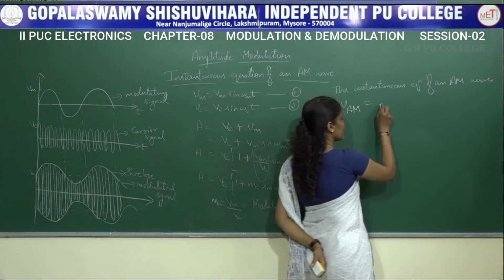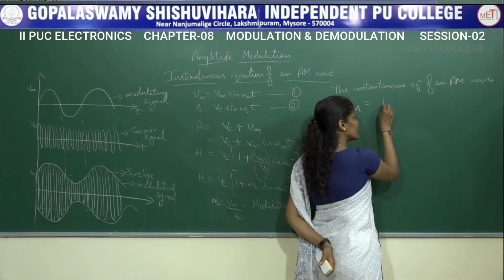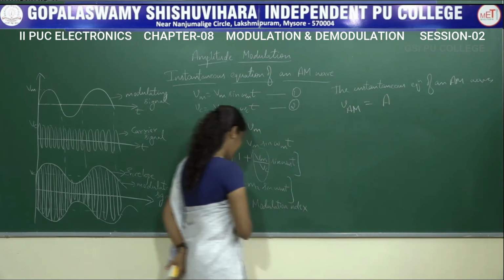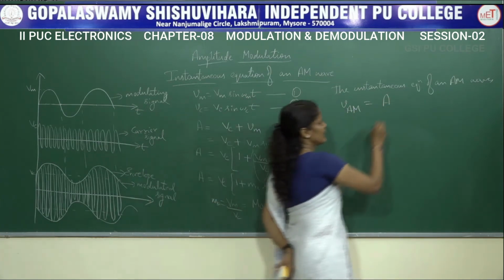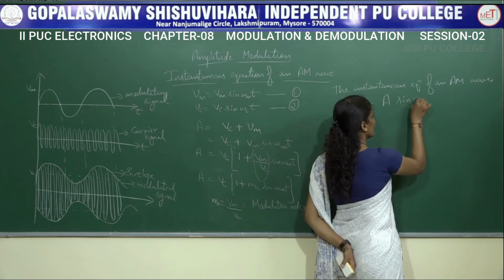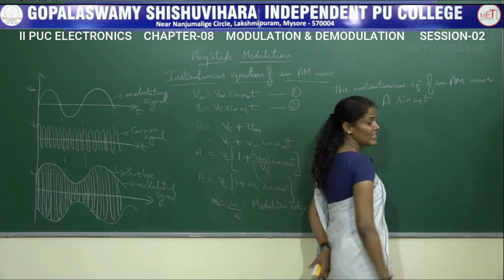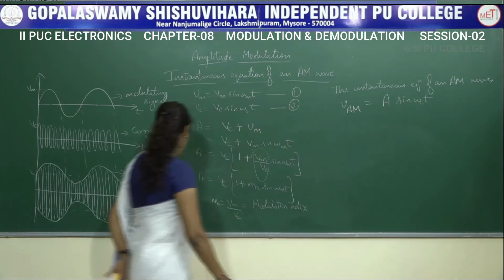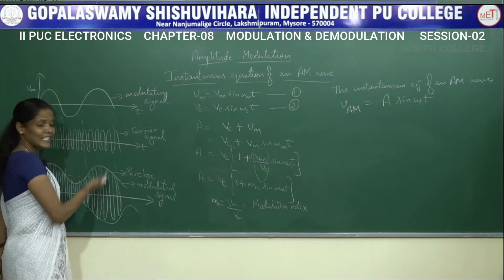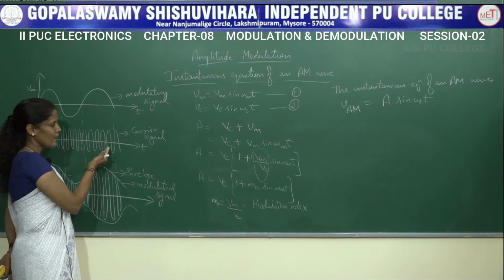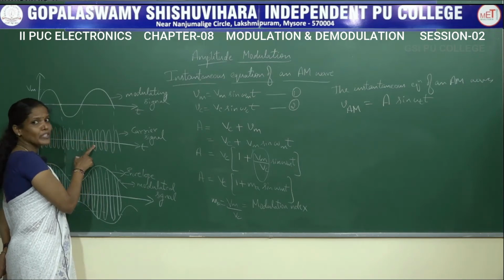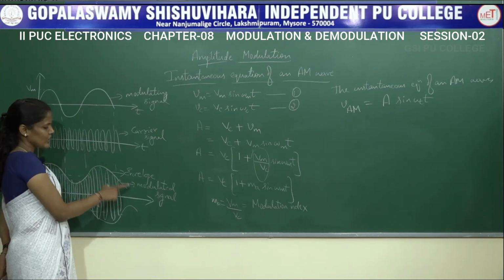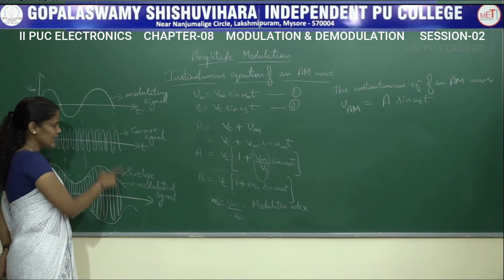So this will be given as the new amplitude A into sine omega ct. Why have I written this sine omega ct? Because the frequency of this new signal is the same as the frequency of the carrier signal. I am changing only the amplitude of this carrier signal in order to get the new modulated signal, keeping the frequency constant.